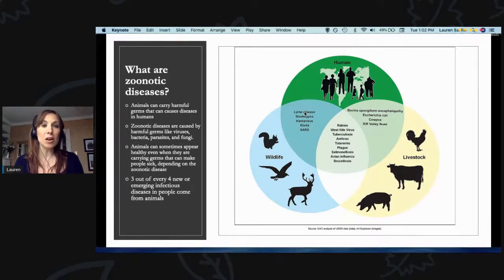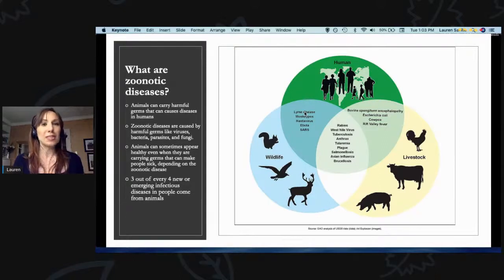In livestock, one of the more well-known ones is bovine spongiform encephalopathy, more well known as mad cow disease. And in the middle, which wildlife, livestock or domesticated animals can give us, are things like rabies. We can get that from dogs, or from, say, raccoons, or things like the plague. The plague came from rats, but it could also be transmitted in other animals.